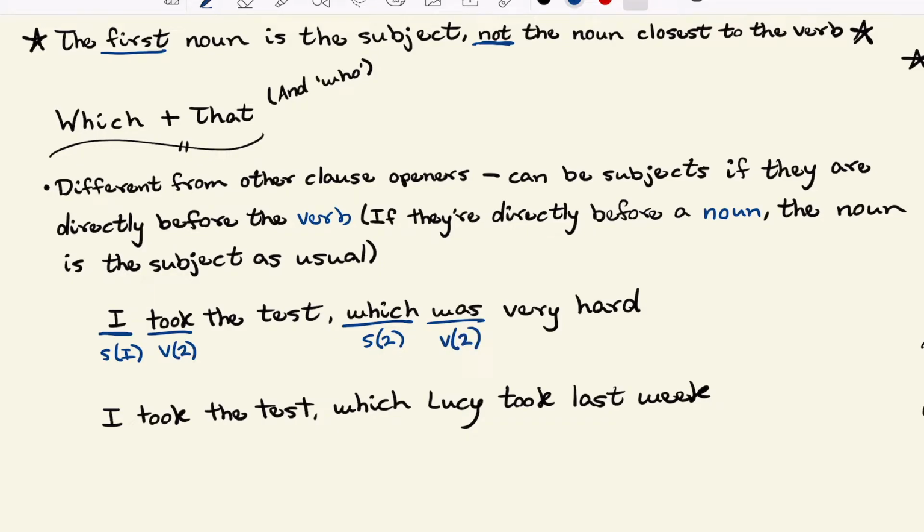In the second sentence, I is the first subject and took is the first verb. However, because which is in front of a noun and not a verb, Lucy, the noun, becomes the subject instead of which. And the second verb becomes took.